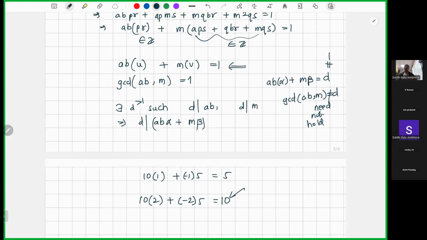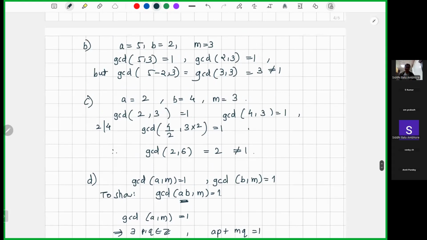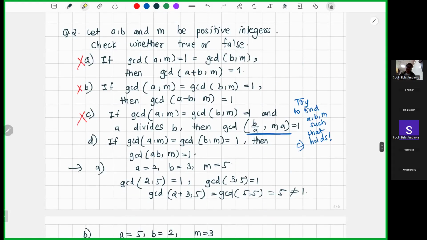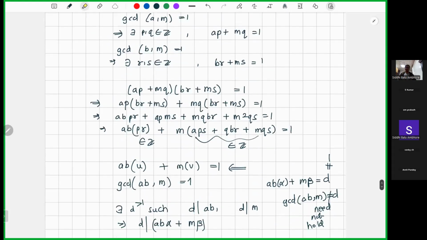This is especially for 1: once I have a linear combination of two integers giving me 1, then I can conclude that their GCD is 1. Otherwise, we can't say that. Everything here had GCD 1, so this is for GCD 1. We can't say this for any other GCDs, with this statement at least.